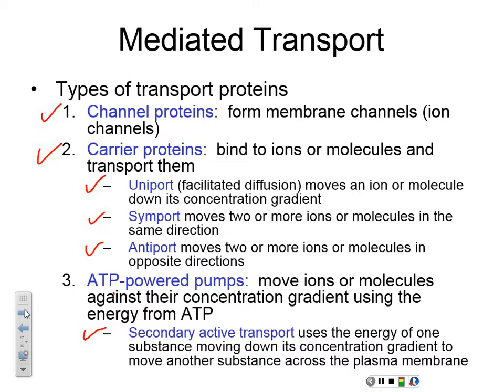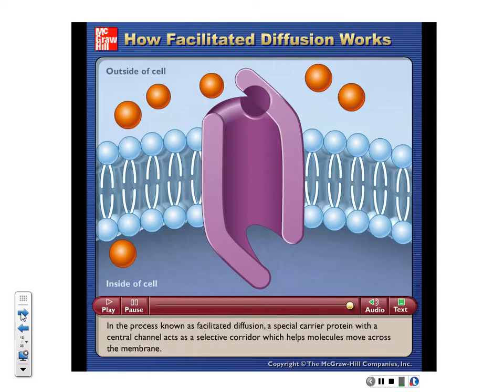That's how glucose is absorbed, and it is moved against its concentration gradient. So secondary active transport is when a molecule is actively transported and creates a gradient, and when it moves down its concentration gradient, it piggybacks something else. An example is sodium and glucose in the small intestine. That's secondary active transport. All right, that's good. And this is an example of facilitated diffusion.